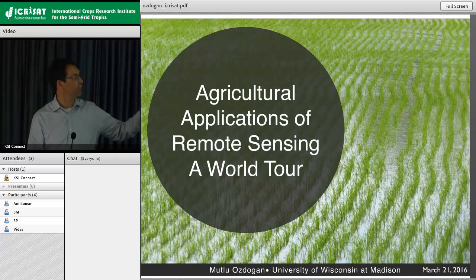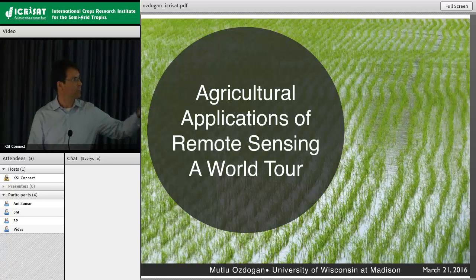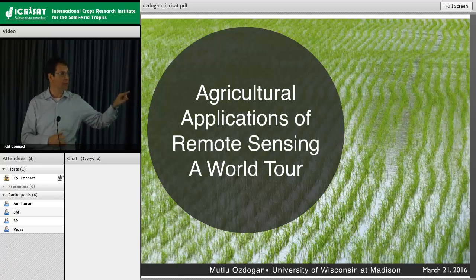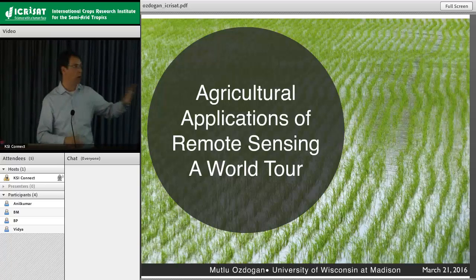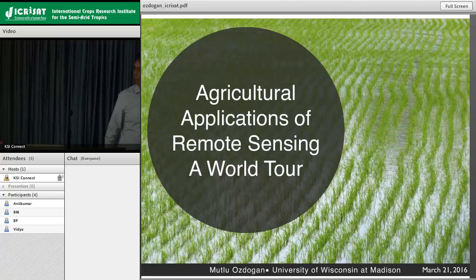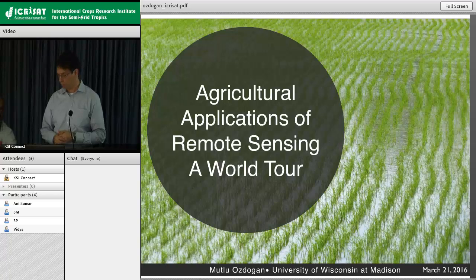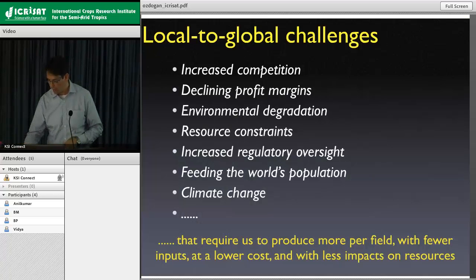So what that requires us to do is produce more per field with fewer inputs at lower cost and with less impact on resources. I think all of us are trying to get there. And what I'm going to do is present some research results to show whether we can use remote sensing to get at some of these issues.